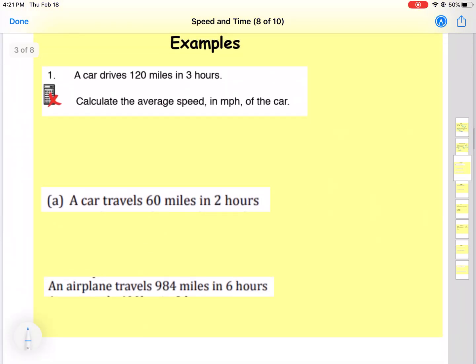These three questions here are very similar. We're only going to do the top two, just miss out that bottom one there because it is very, very much the same. So in the first one, speed equals distance divided by time. Distance is 120, time is 3 hours.